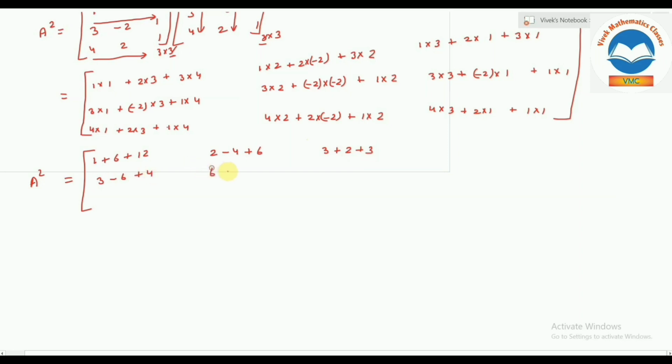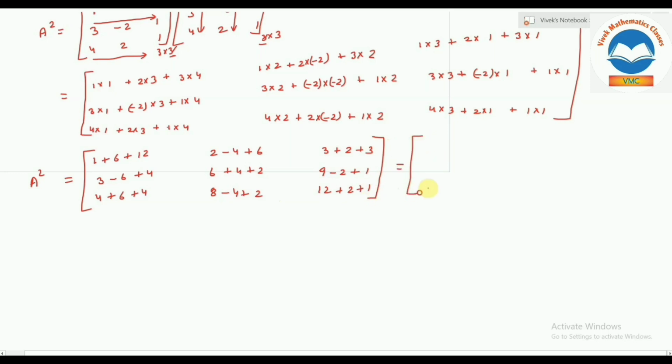And here what will we get? 6 plus 4 plus 2. Next 9 minus 2 plus 1. Next what will we get? 4 plus 6 plus 4. Next here 8 minus 4 plus 2. And here what will we get? 12 plus 2 plus 1. So this will be our answer.